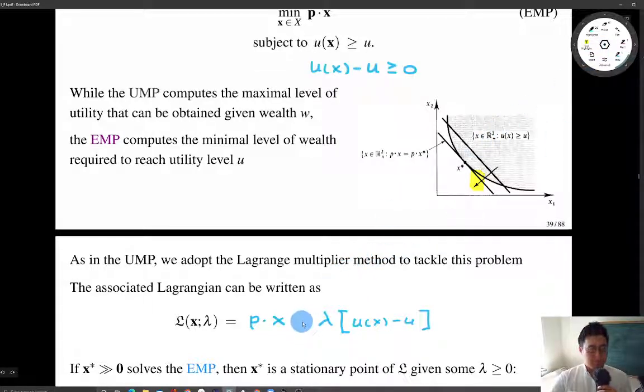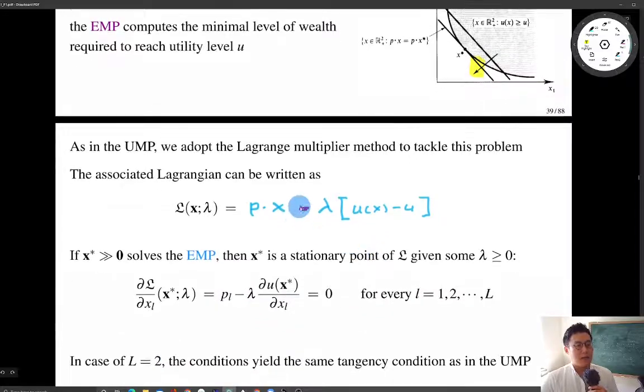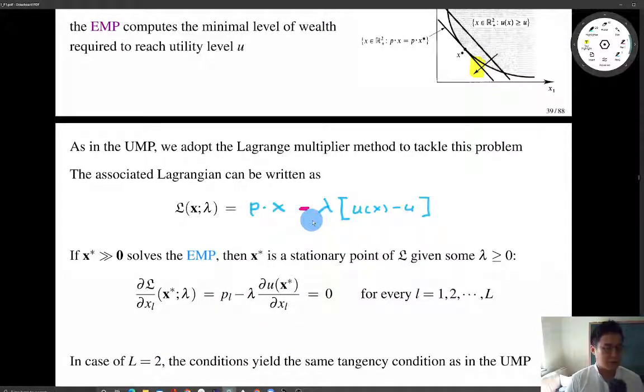Previously it was a plus in case of UMP, but in case of minimization problem, we put the negative sign in front. So that is the only thing we have to do for minimization. That is simple. Okay. All right, then the previous Lagrangian multiplier method can be applied to this minimization.